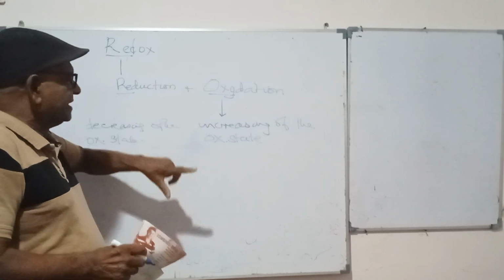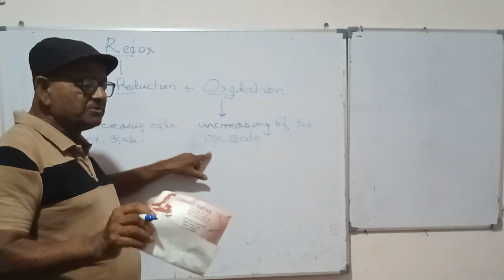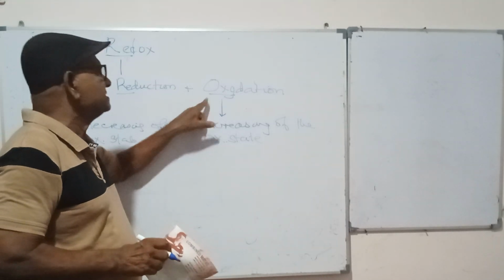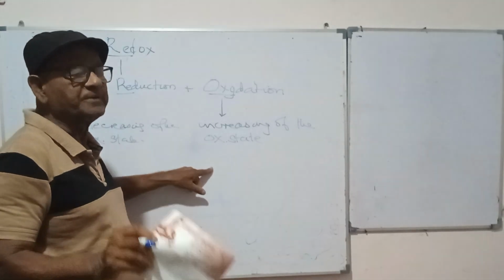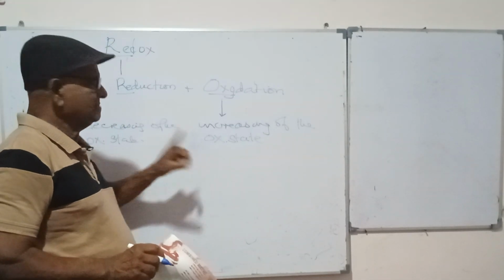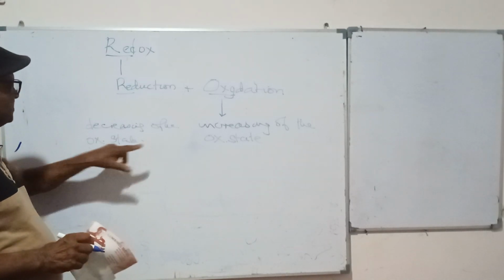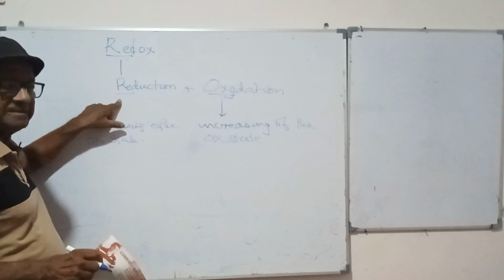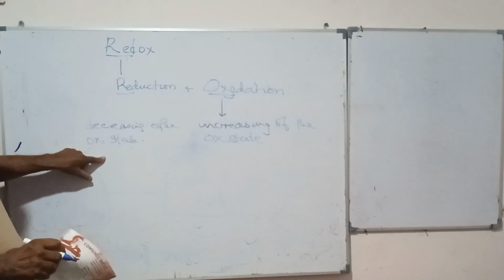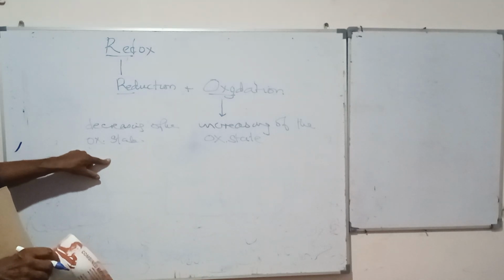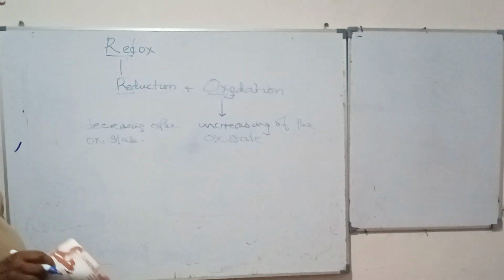Then if we write the balanced ionic equation to show the oxidation, it is the oxidation half reaction. Similarly, decreasing of the oxidation state is the reduction. If we write the balanced ionic equation to show the reduction, it is the reduction half reaction.